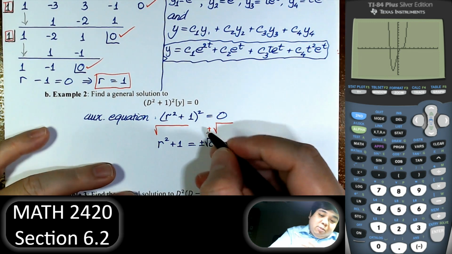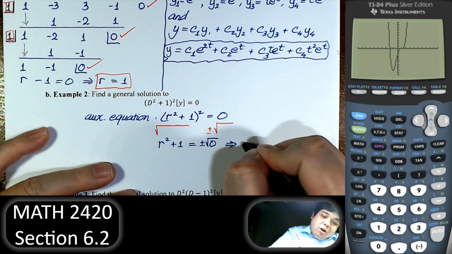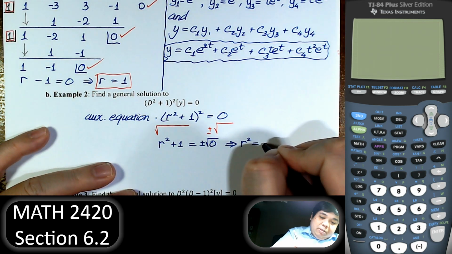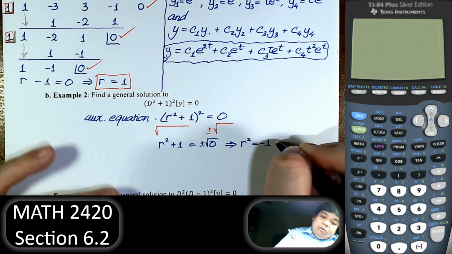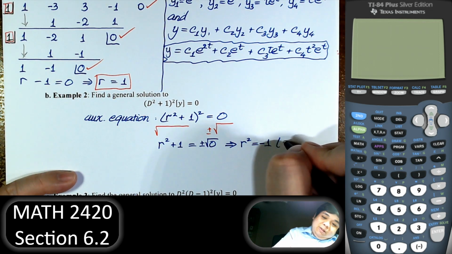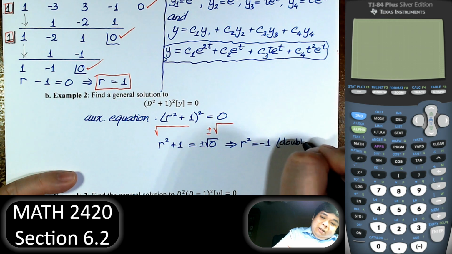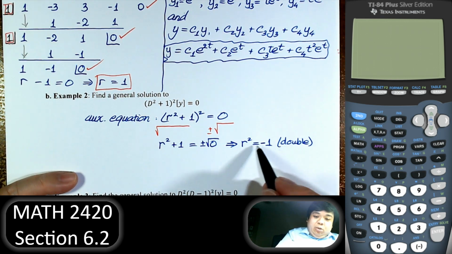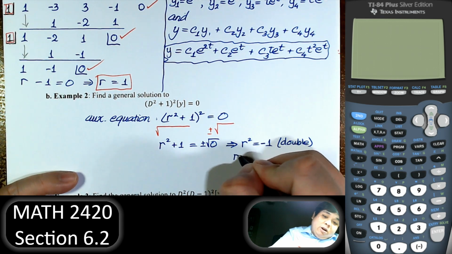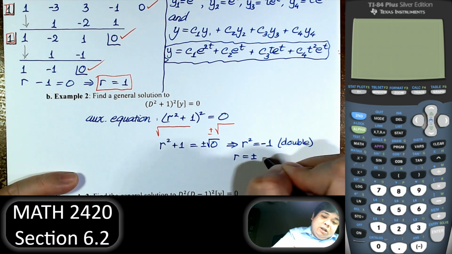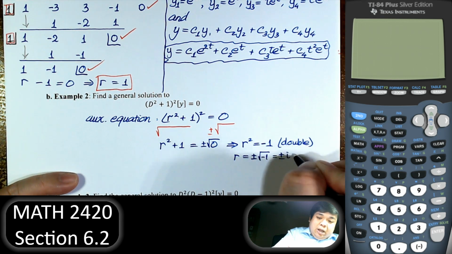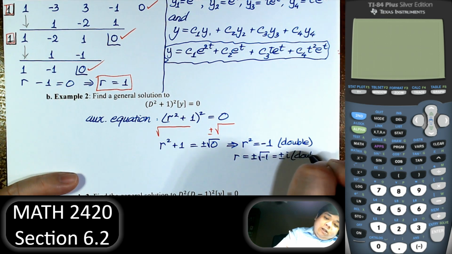So that is a double root. So here we have r squared equal to negative 1, which is double. And here we take the square root on both sides again. We have r equal to plus or minus i. And that is a double root.